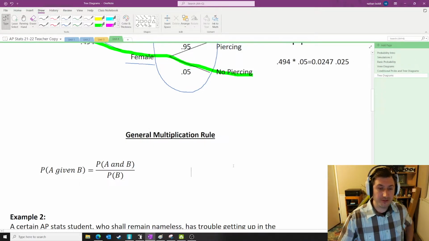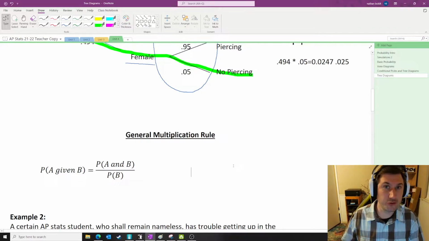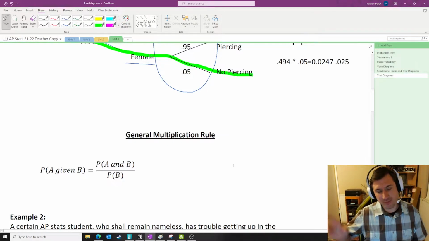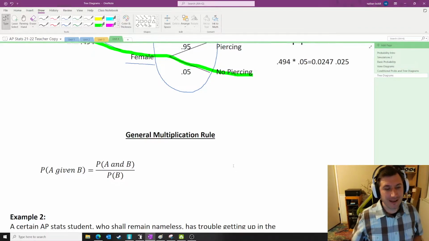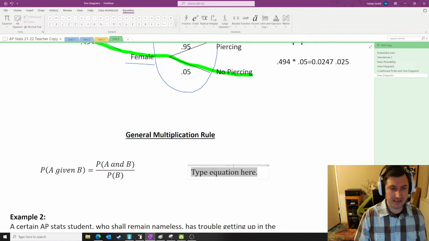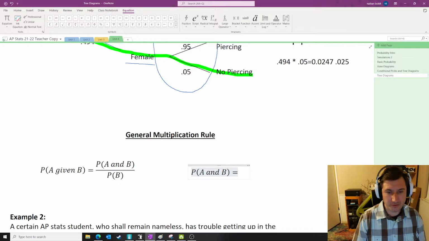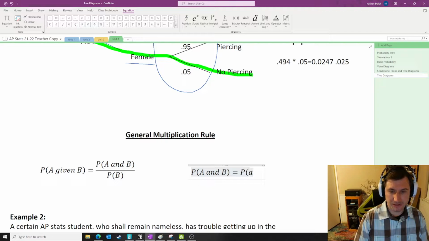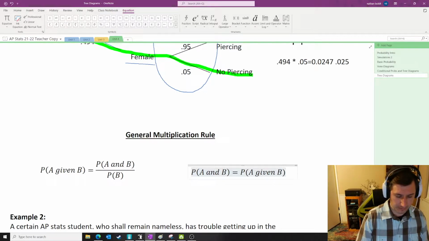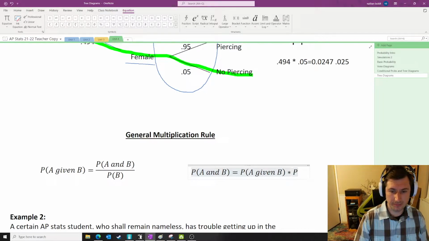Well, if we want to turn that into a multiplication rule for joint probabilities, all we do is multiply that denominator over, and we get a formula for the probability of A and B. So we're just solving for another part of the equation. So that will be the probability of A given B times the probability of B.